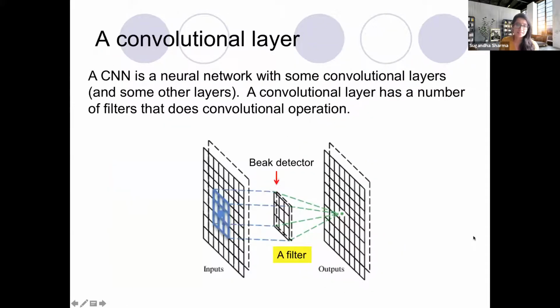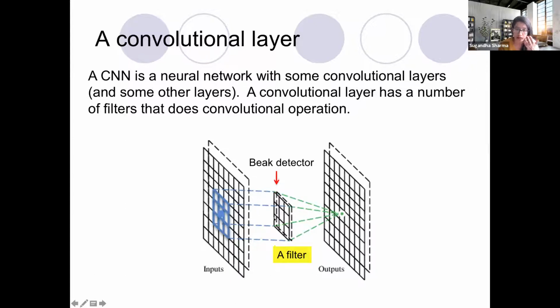So this was the motivation for convolutional nets, and this is a basic diagram showing what a convolutional operator is. A convolutional neural net is a neural network with some convolutional layers, and usually there are multiple of them. And it has a number of filters. In these networks, we call weights filters.